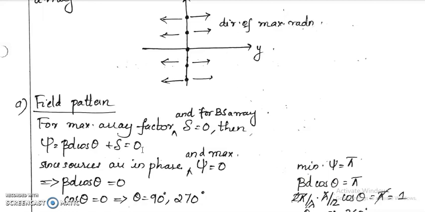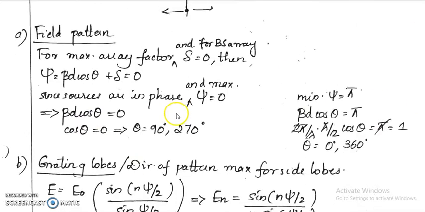Here we apply the same phase to all the antenna elements, so delta is equal to 0. The phase difference is only due to the path difference, and psi is equal to beta d cos theta. We can say that the maximum radiation will occur when psi is equal to 0. So we equate beta d cos theta to 0, and finally we get theta equal to 90 and 270 degrees. At 90 and 270 you will get the maximum radiation.